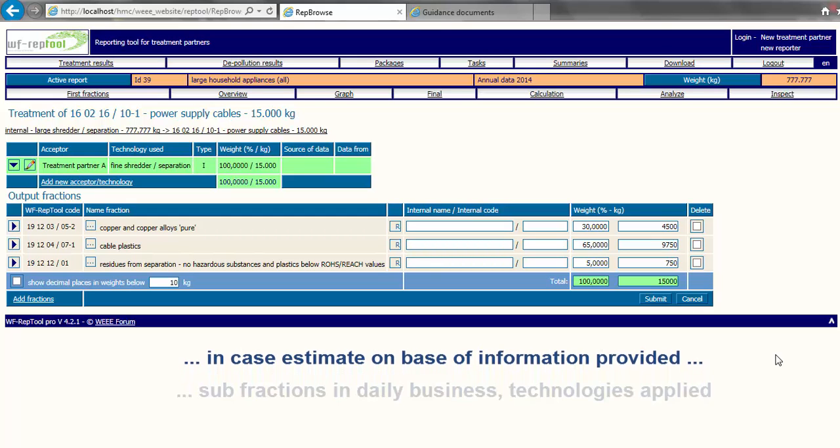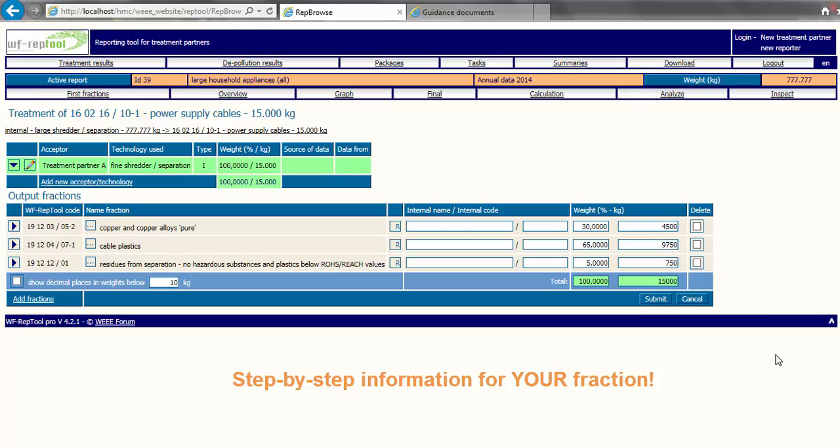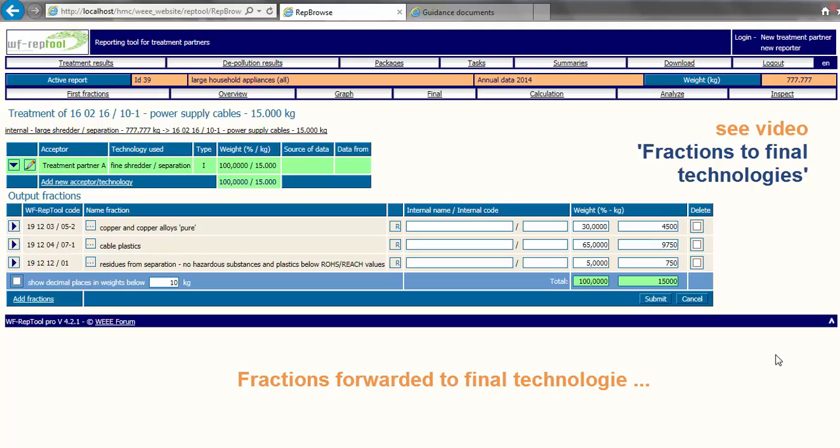So see the information on subfractions in daily business and technologies applied for them. Step by step, you shall get this information for your fraction from your acceptors. For fractions forwarded to final technologies, please see the video Fractions to Final Technologies.